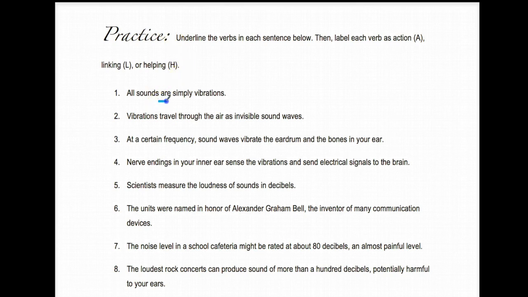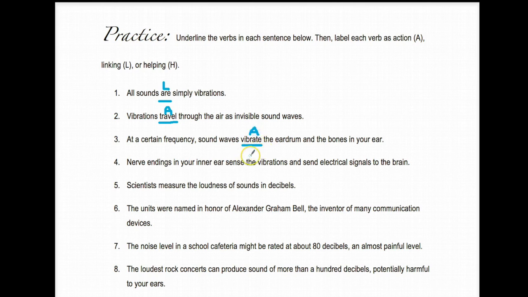Number 1, our verb is are, which is a linking verb. In number 2, we have travel, which is an action verb. In number 3, we have vibrate, which is an action verb.